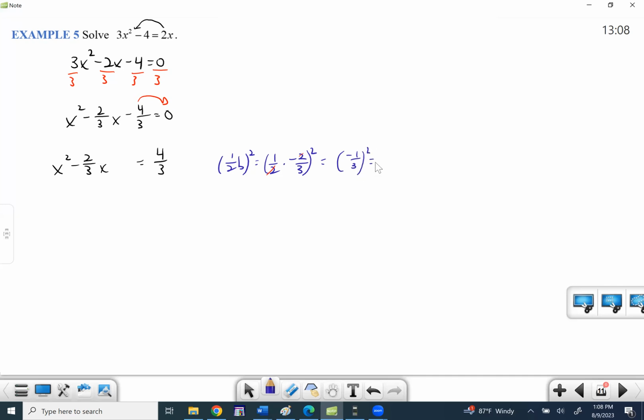And negative 1/3 times negative 1/3, well, that's going to get you 1/9. So we're going to add 1/9. You know what? Let me do this in a different color so it pops a little more.